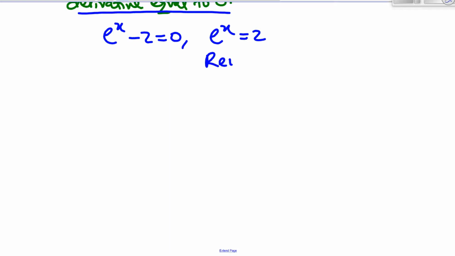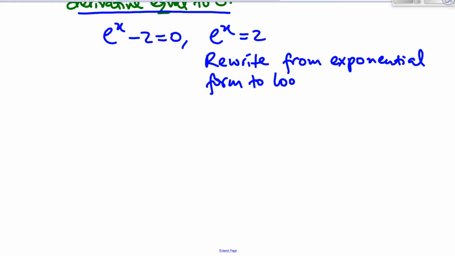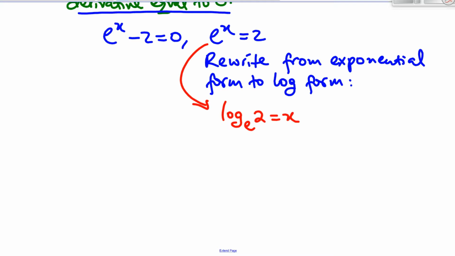So this expression will be log to base e of 2 equals x, which means that x will be equal to ln 2, because you know that log to base e of 2 is the same as ln 2.